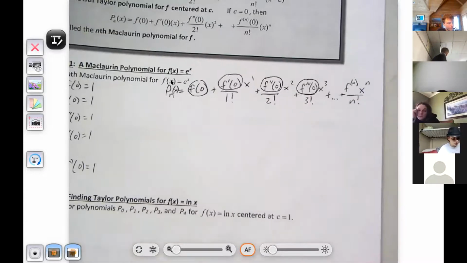So for our answer, all we do is take all those things I circled and replace them with 1. What we're coming up with is the Maclaurin polynomial for e to the x, the polynomial that will approximate e to the x.